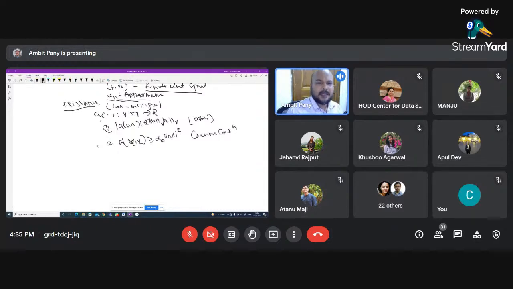The interesting fact is that if you combine this, you can find an interesting result. Now if you take A(V,V), this is less than some constant times the norm of V squared, and this is greater than alpha 0 times the norm of V squared, in space V. That means one side you have infimum, another side you have supremum.